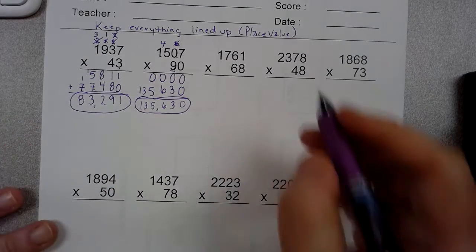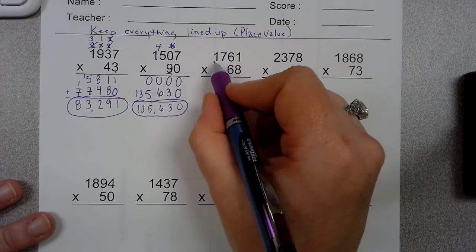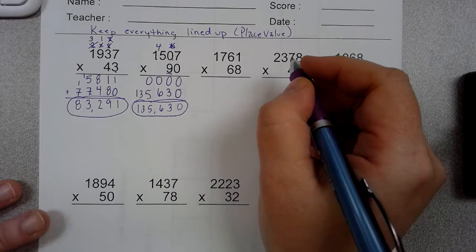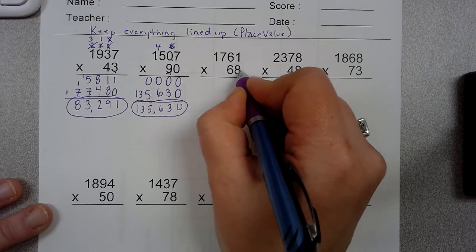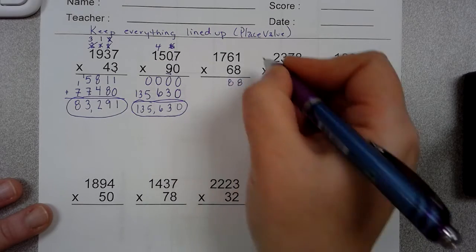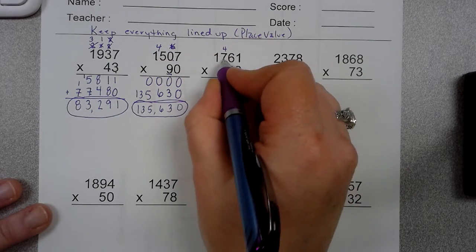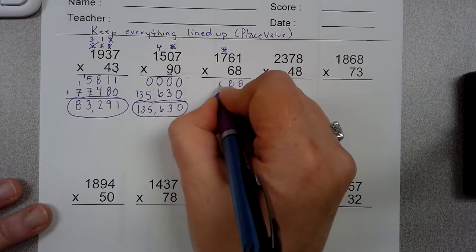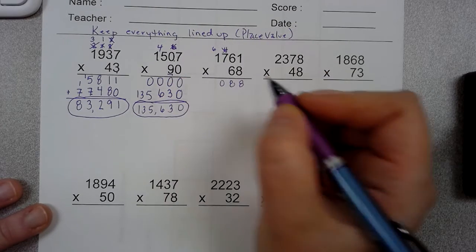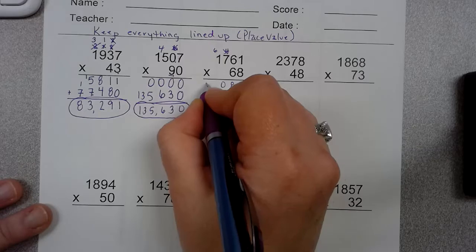Okay, one more. So 1761 times 68. So I have 8 times 1 is 8. 8 times 6 is 48. Carry my 4. 8 times 7 is 56, plus 4 is 60. 8 times 1 is 8, plus 6 is 14.